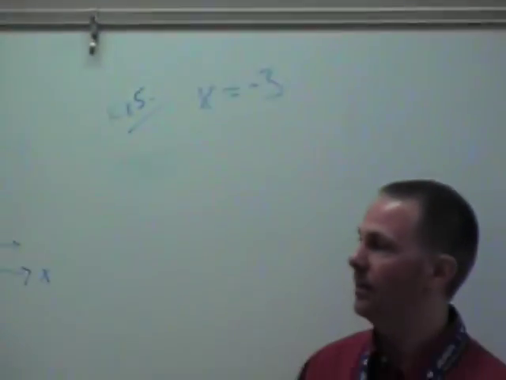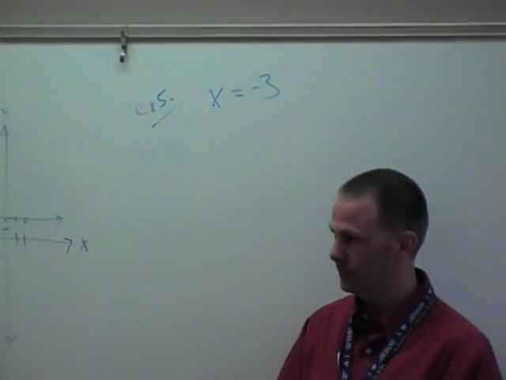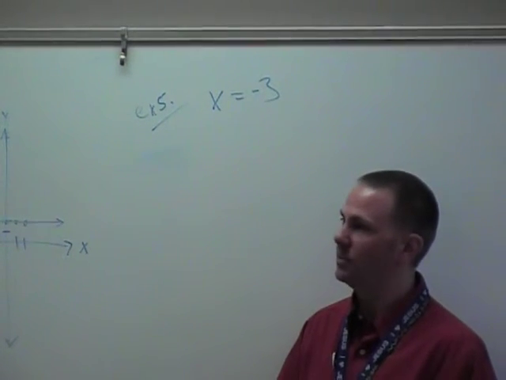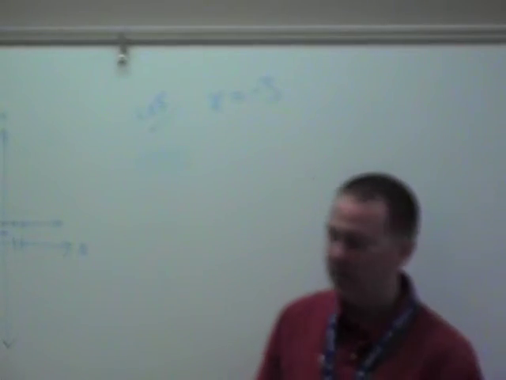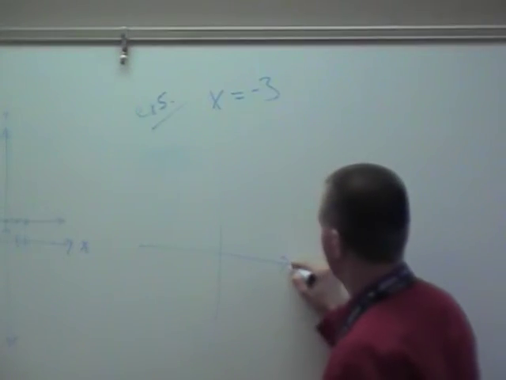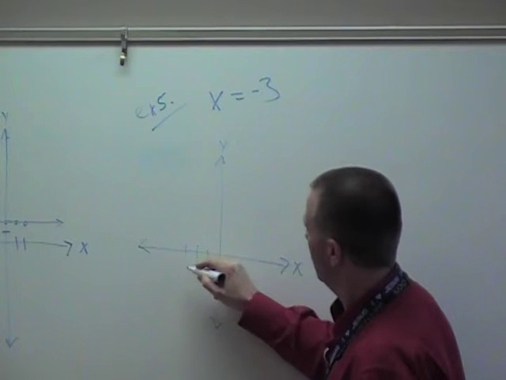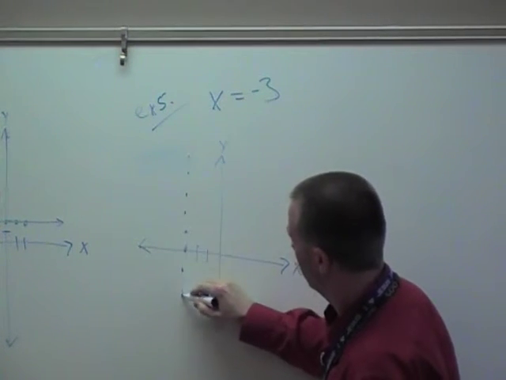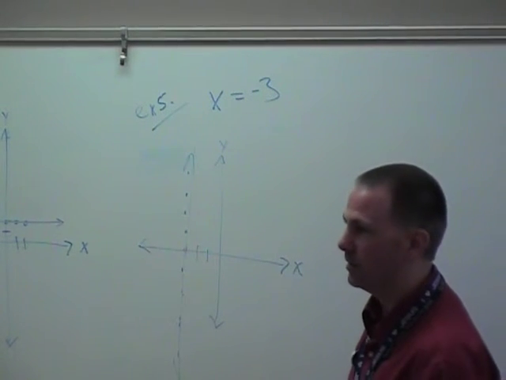X is always going to be negative 3 no matter what value you choose for y. So it is a vertical line going through what axis? X.